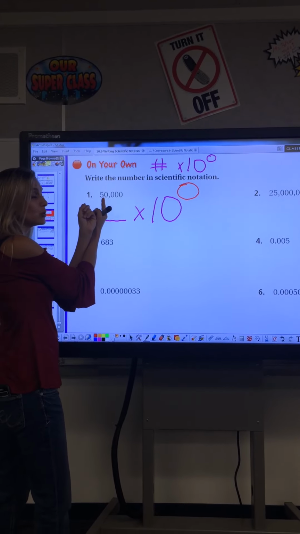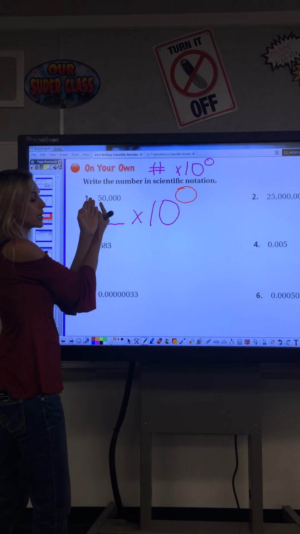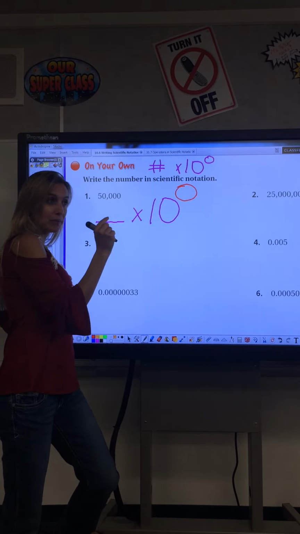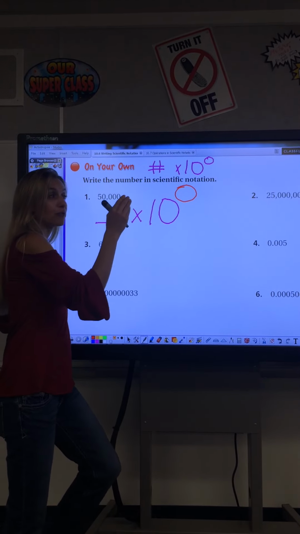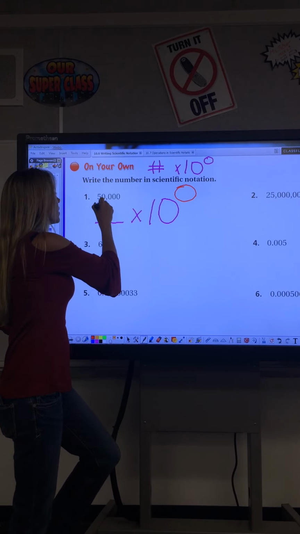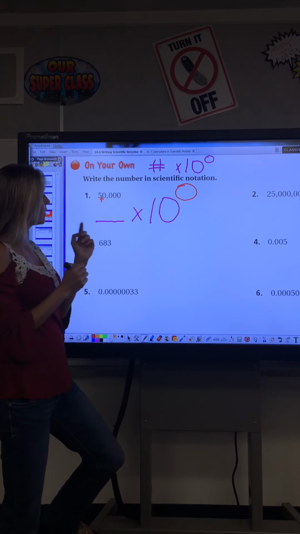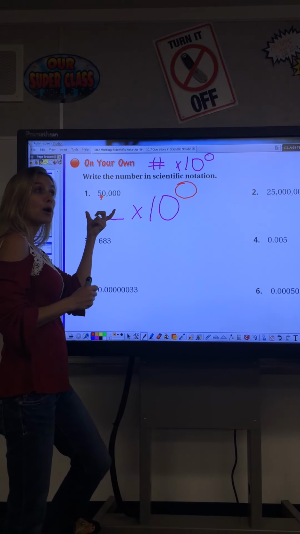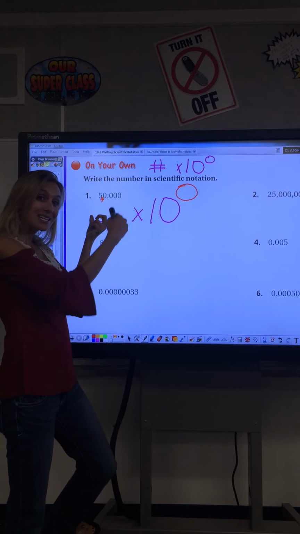Now, the rule of scientific notation says the decimal point has to be after the first counting number, because that's the only way to have the number that goes over here be 1 or greater than 1 and less than 10, right?